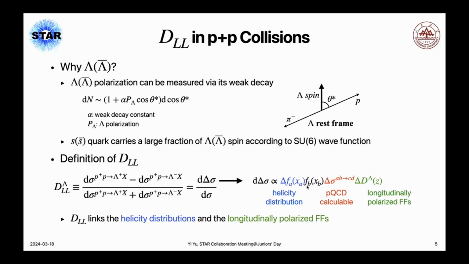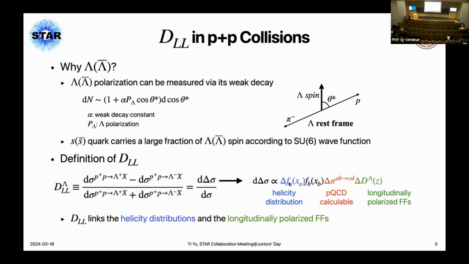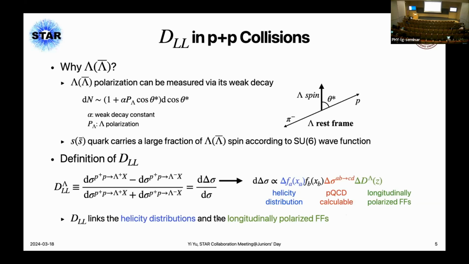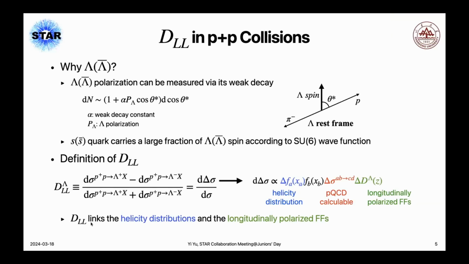The first part is called the parton distribution function; the blue, delta f, is the helicity distributions, and delta sigma is the polarized partonic cross-section. This part can be calculated by perturbative QCD, and the green part is called the longitudinally polarized fragmentation functions. So D_LL naturally links the helicity distributions and the longitudinally polarized fragmentation functions.